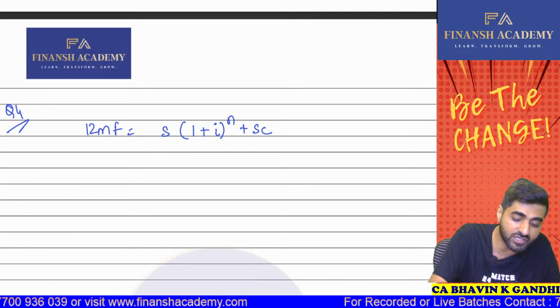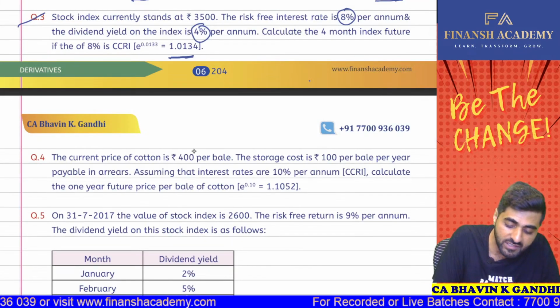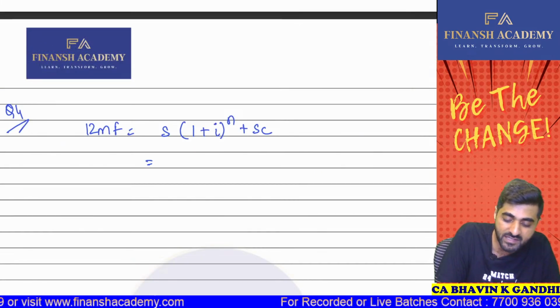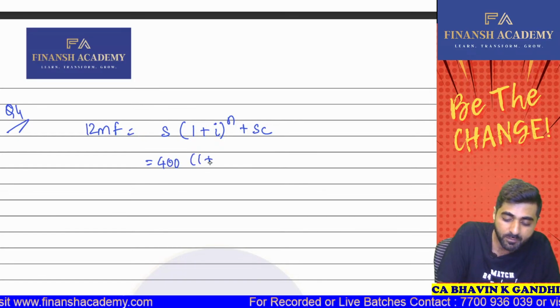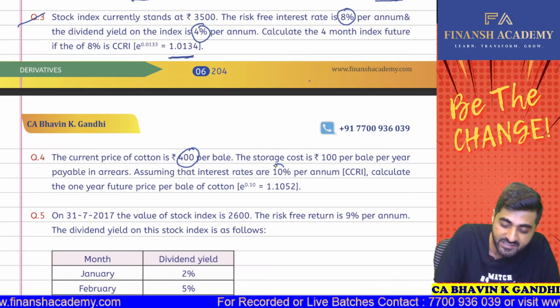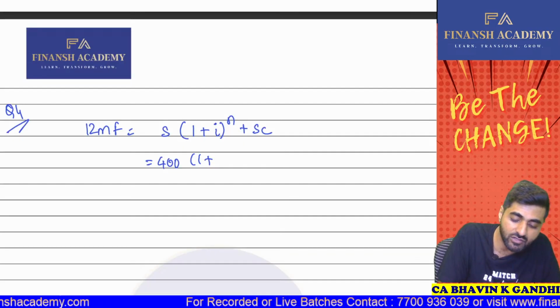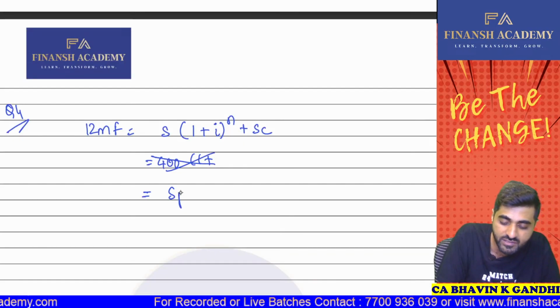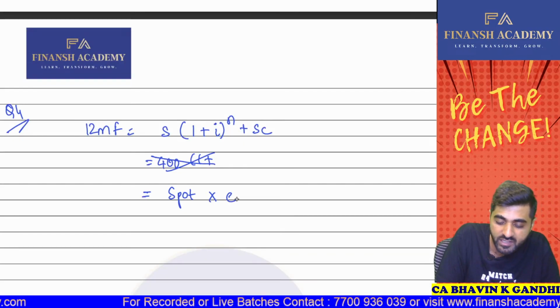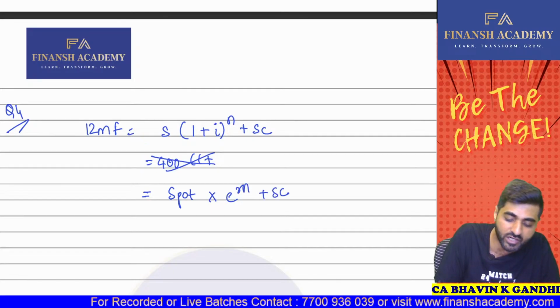So that is why this is storage cost payable at end. So what is the price? It is nothing but 400 rupees, that's your spot, into 1 plus what's your i? Your i is 10%. But guys, this is continuously compounded, so this formula will not be used. It will be spot into E raised to the power Rn plus the storage cost.